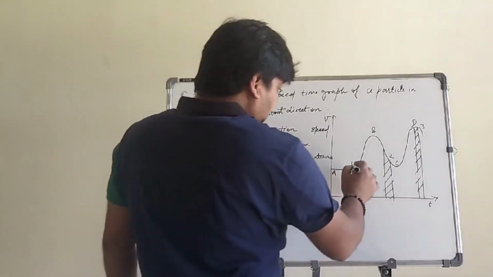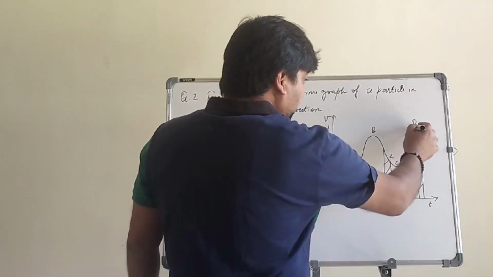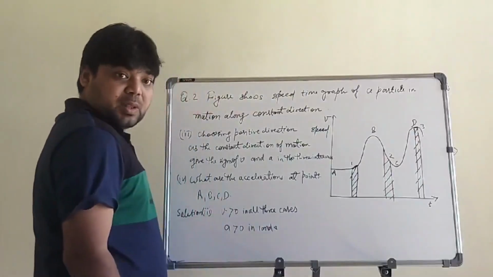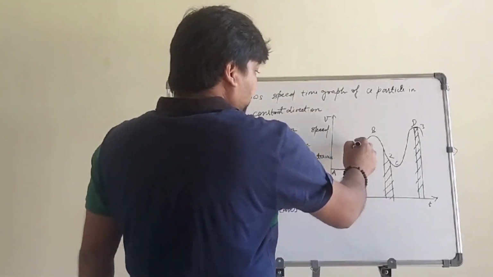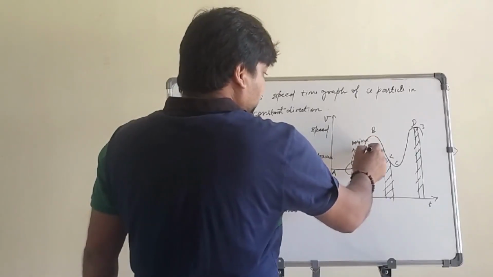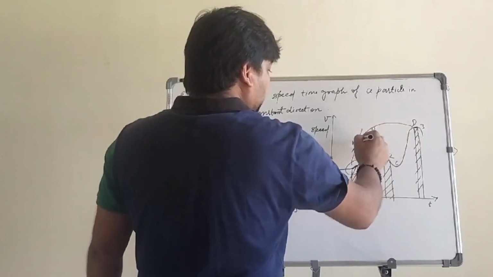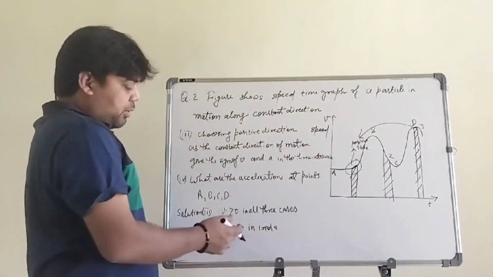You can see that the slope is positive, so velocity is increasing. Positive slope leads to an increase in velocity, so positive acceleration.